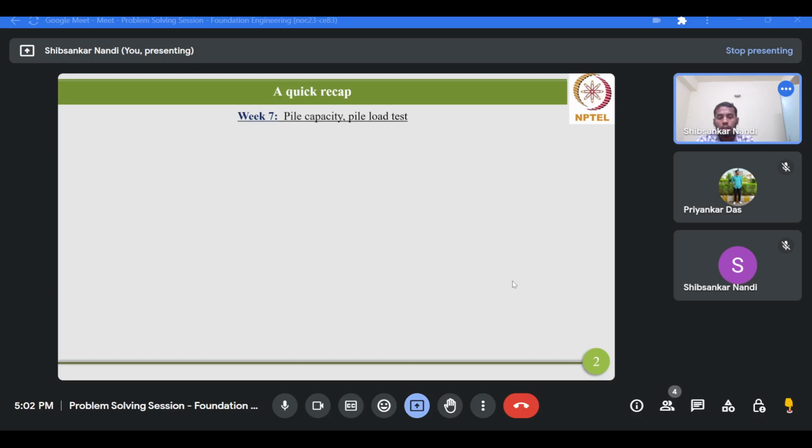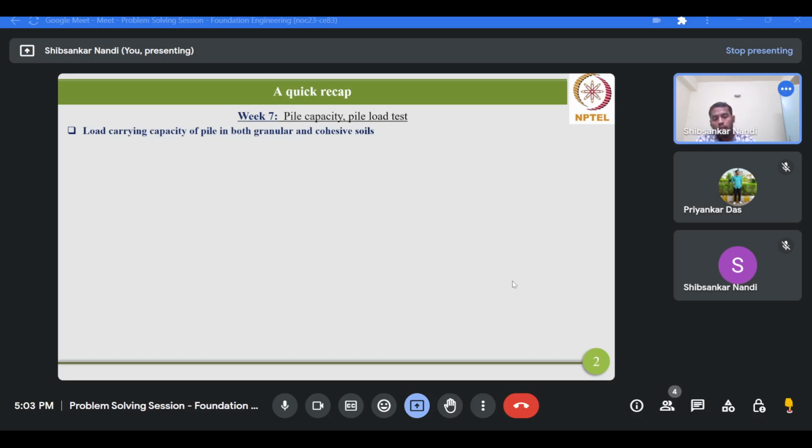In this week we learned how to determine the load carrying capacity of pile in cohesive soil. In addition, last week we saw the theories developed to calculate the load carrying capacity in granular soil. So this week, in addition to granular soil, we also learned how to determine the load carrying capacity of a pile in cohesive soil.